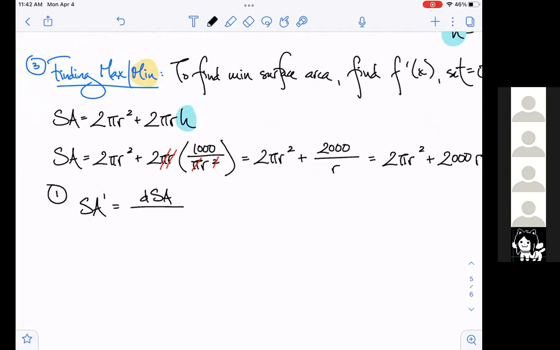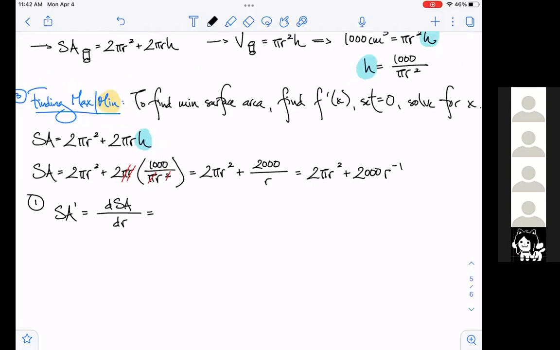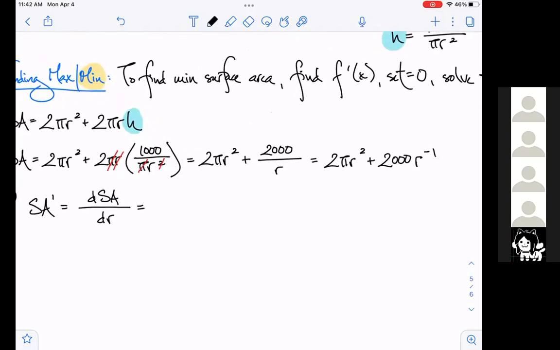Like, what's my x variable here? R. Yeah, so on the bottom, we're going to have dr. Okay. All right, let's find our derivatives. The derivative of 2 pi r squared is going to give me 4 pi r. My derivative of 2000 r to the negative 1 is going to be negative 2000 r to the negative 2.